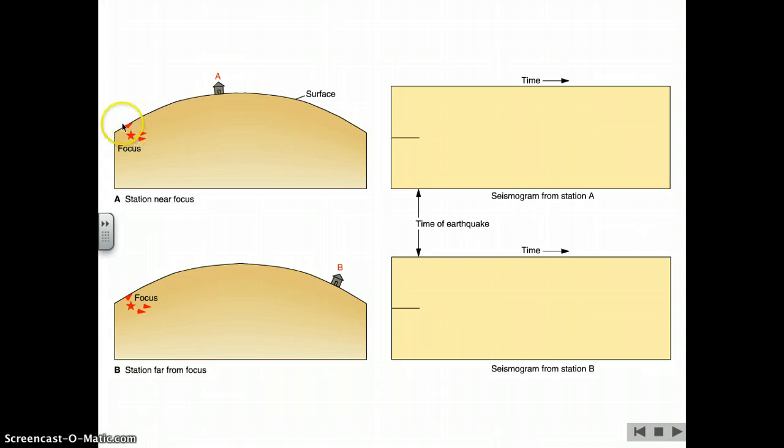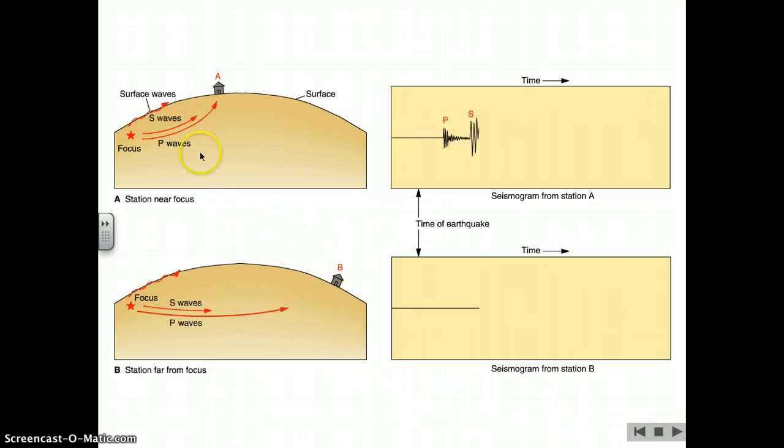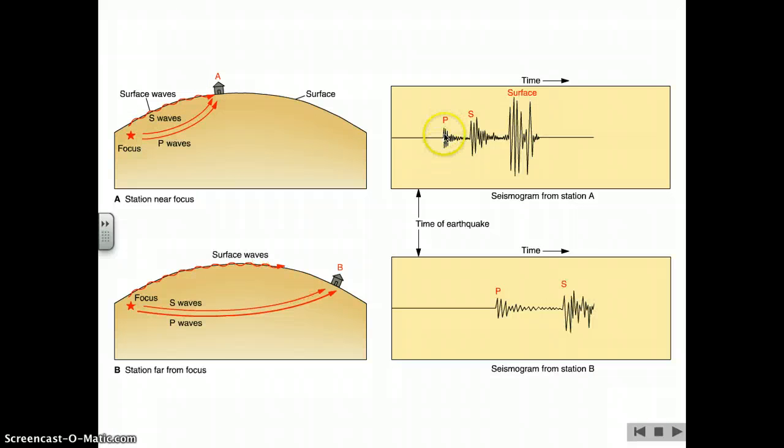So we want to find where the earthquake happens, but we can't find it normally because earthquakes are random. We don't know where they are. So we need to use the earthquake waves to help us. As we've talked about in class, the P waves arrive first, they're the fastest waves, and the S waves arrive second.